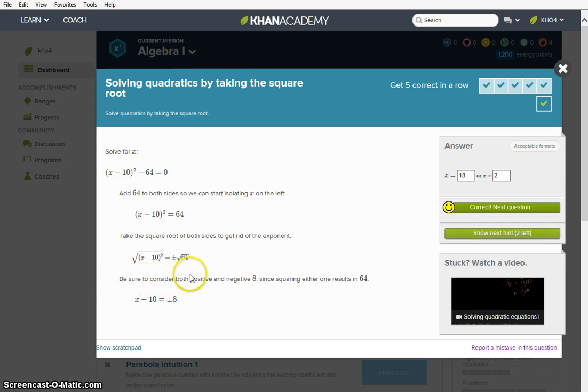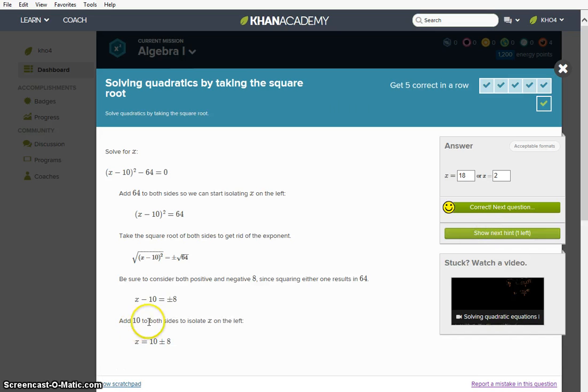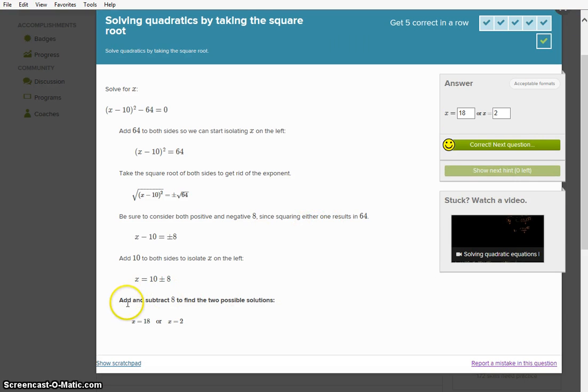Be sure to consider both positive and negative 8, since squaring either one results in 64. Add 10 to both sides to isolate x on the left. Add and subtract 8 to find the two possible solutions. X is equal to 18 or x is equal to 2.